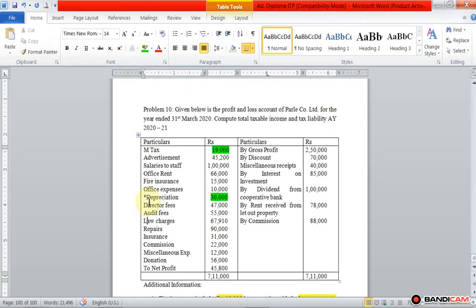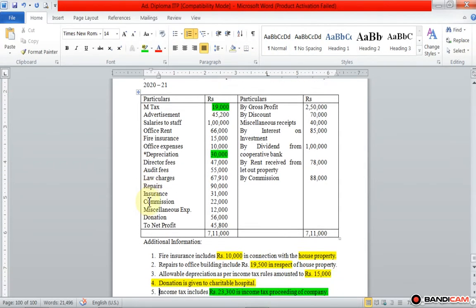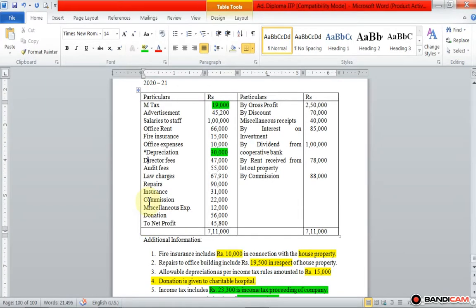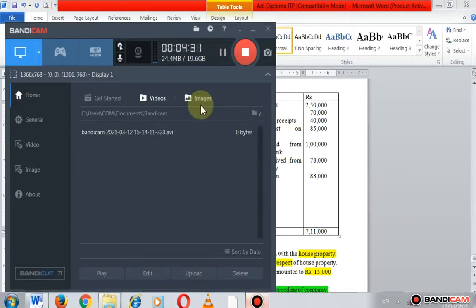Audit fee and law charges are allowable expenditure. For repairs, no additional information is provided, so the repairs are considered expenditure on the business or office building, and it is allowable.